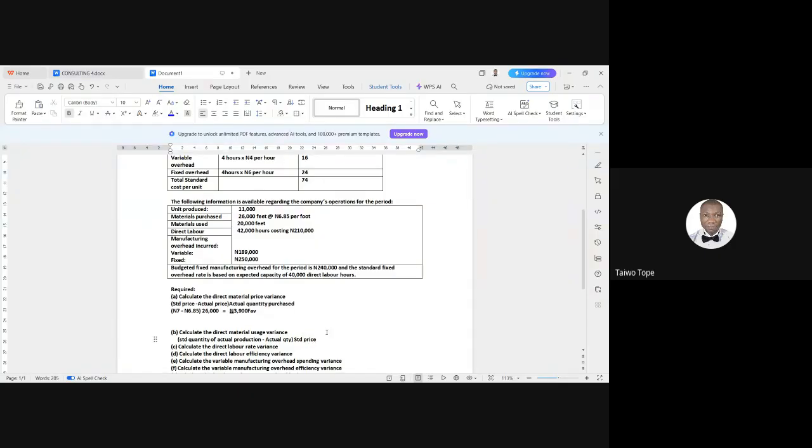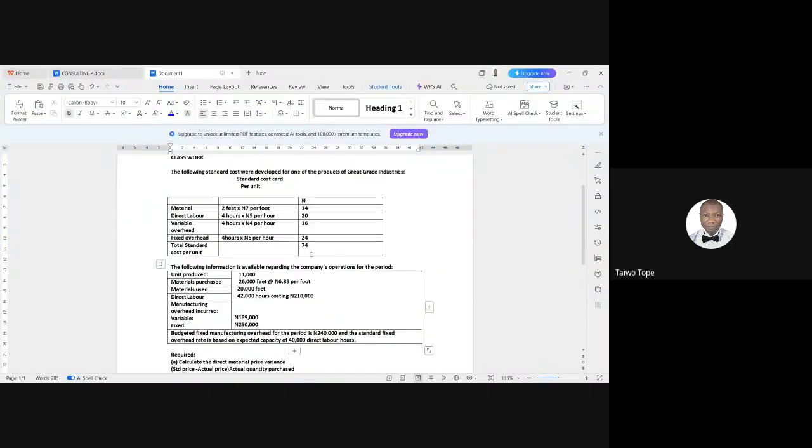Now, based on this question, your standard quantity in terms of material is what? Standard quantity is 2 feet. In relation to your actual production, your actual production is what here? 11,000.